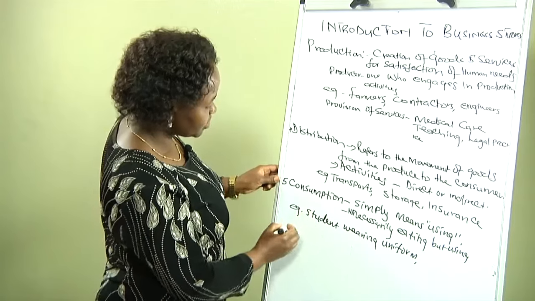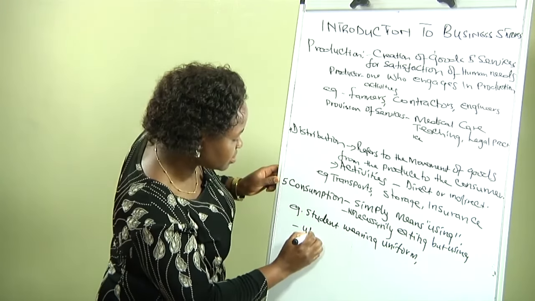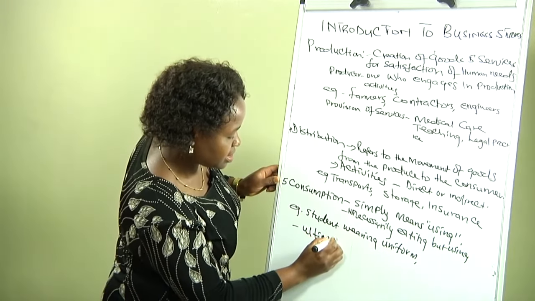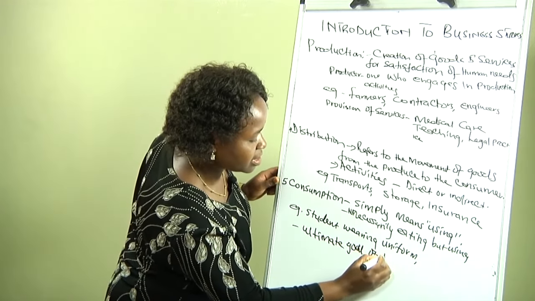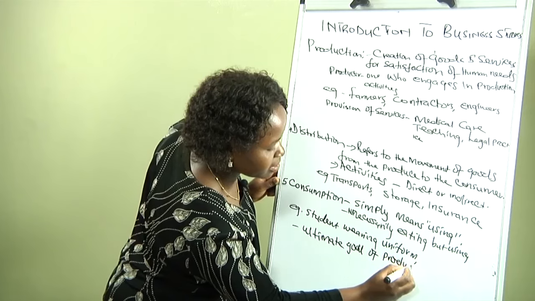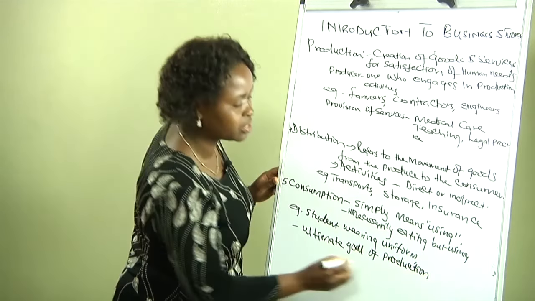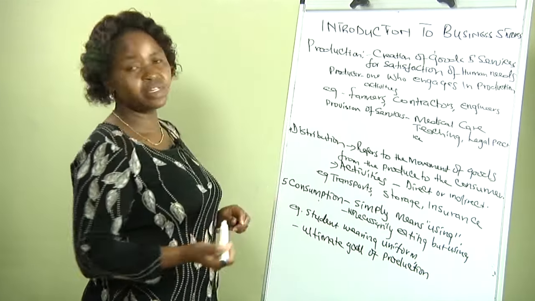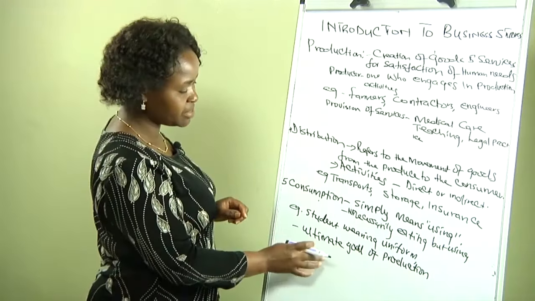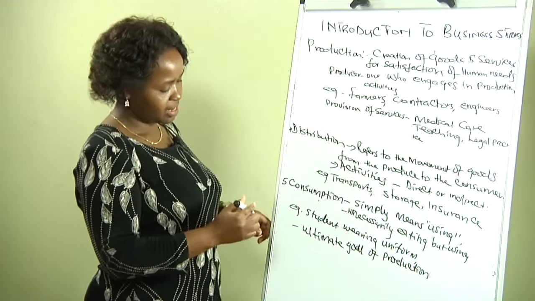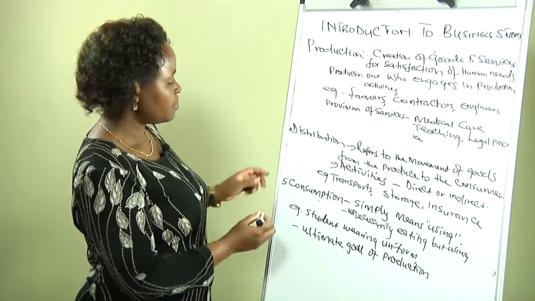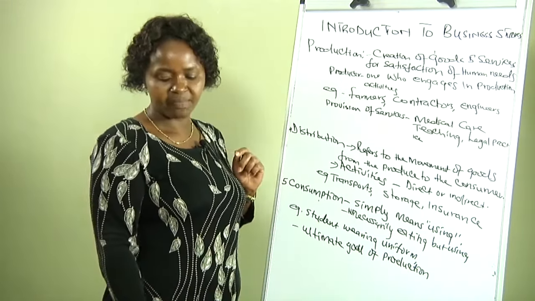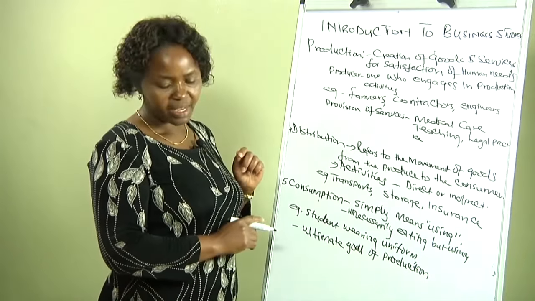And consumption is the ultimate goal of production. We produce goods so that they can be used, so that they can be consumed. So unless consumption takes place, then the whole process of production may be futile.